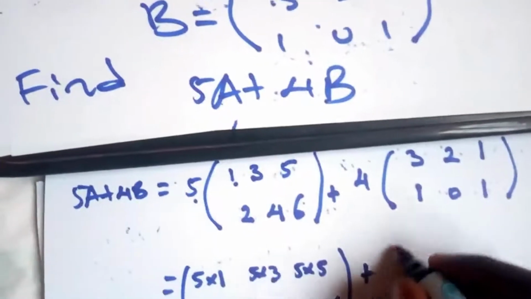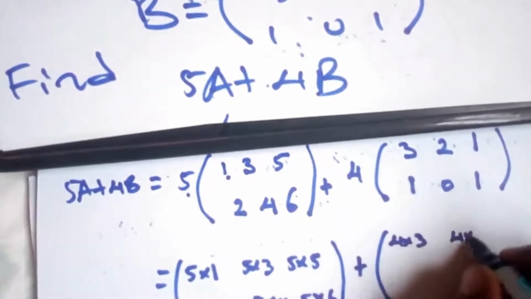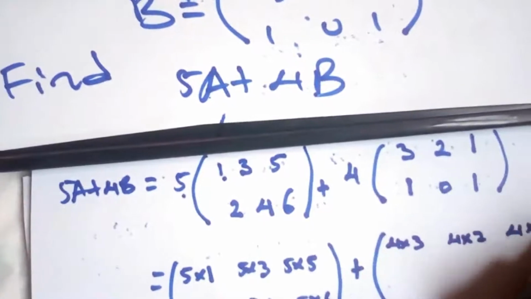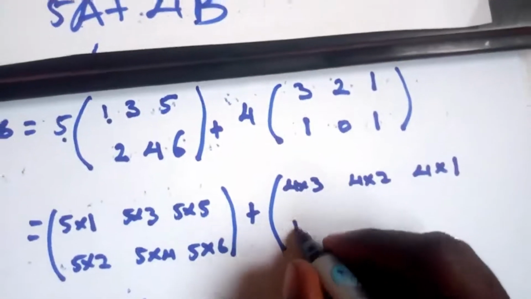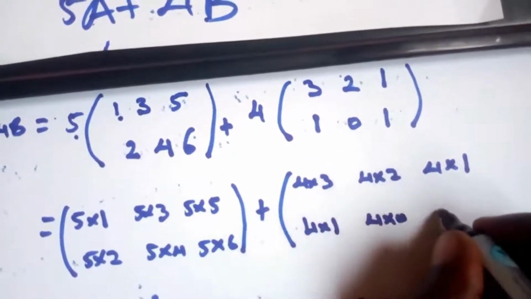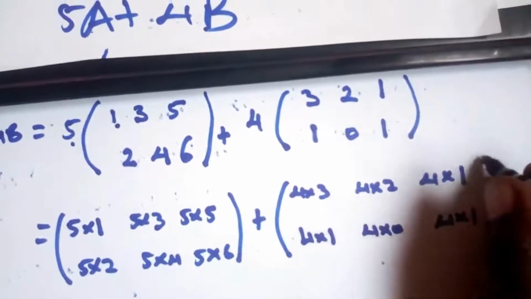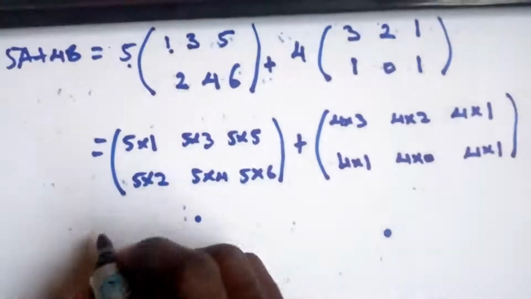Plus this one is going to be 4 times 3, 4 times 2, 4 times 1. Then this one is going to be 4 times 1, 4 times 0, 4 times 1. Hope that one is okay.